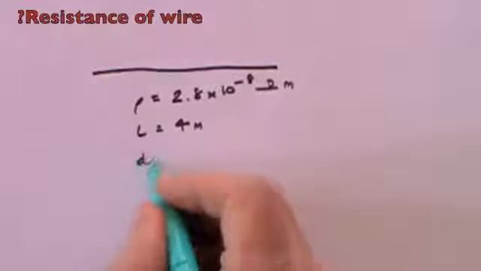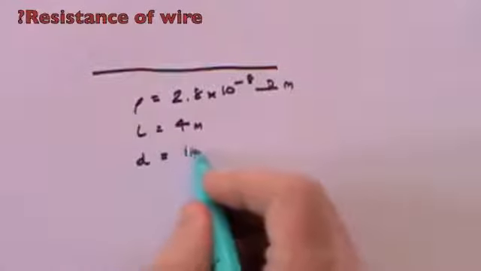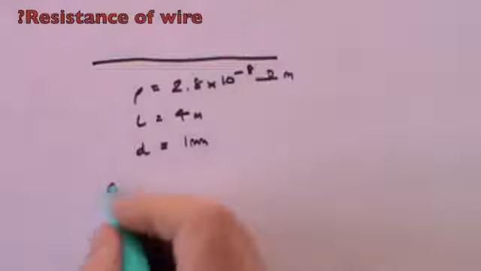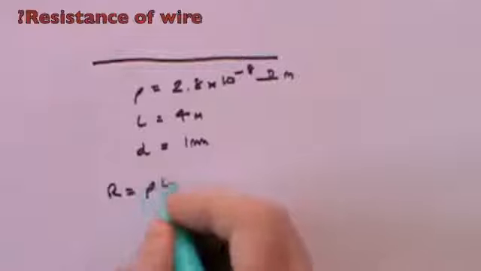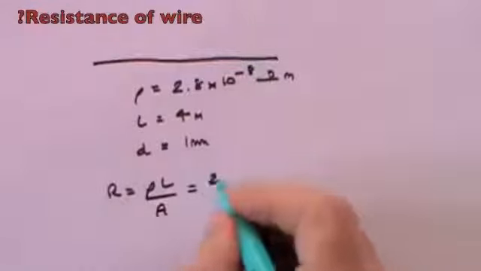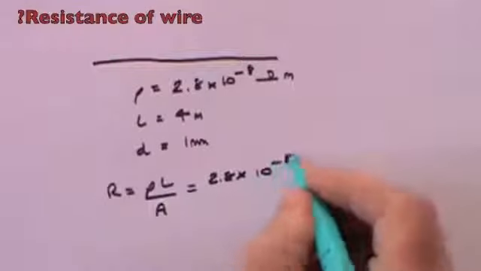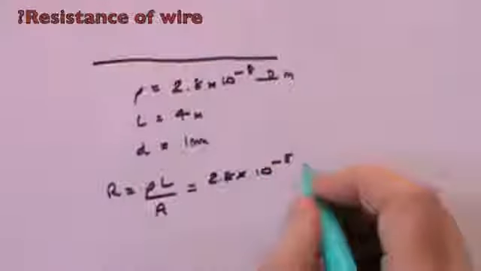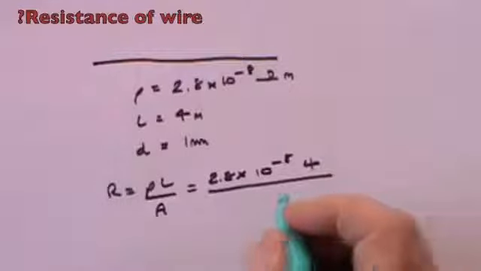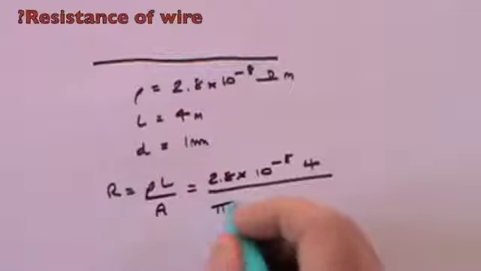I can tell you that the diameter of the wire is 1 millimeter. So we're going to need the formula that resistance is rho L divided by A, which is 2.8 times 10 to the minus 8 times the length, which is 4 meters, divided by the area, which is going to be pi r squared.